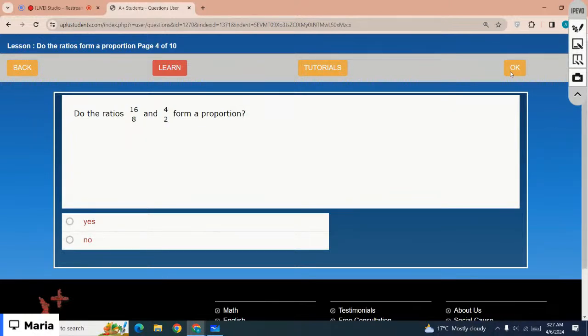Their cross product is exactly equal, right? That means yes, they form a proportion. The correct option is yes.